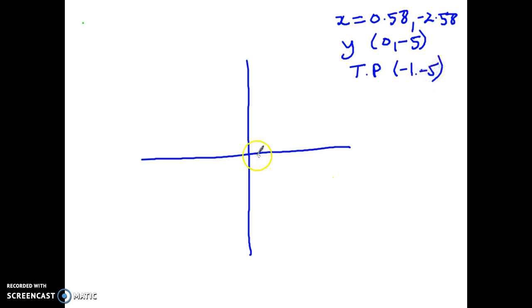So put it all together. Minus 1, minus 5 is my turning point. Minus 3, which would be around about there, is my y-intercept.